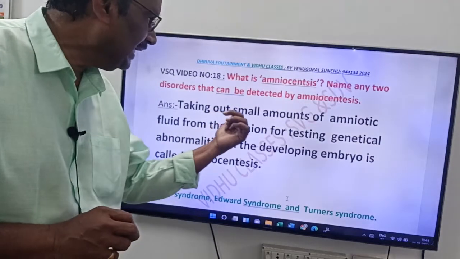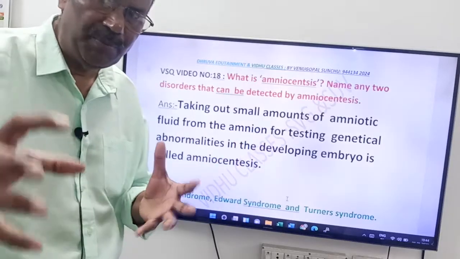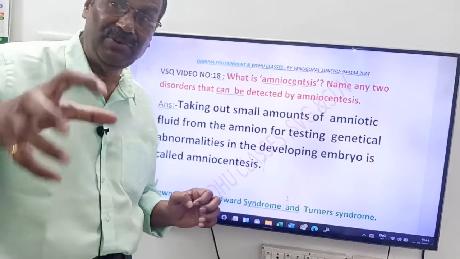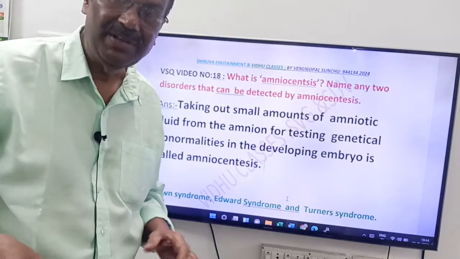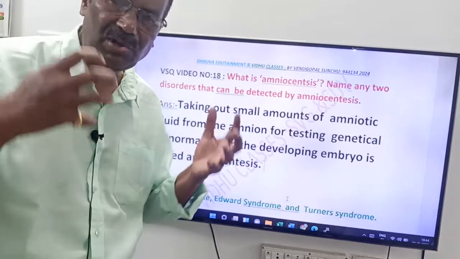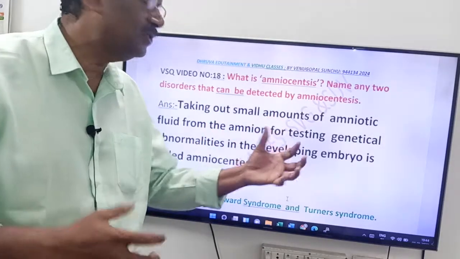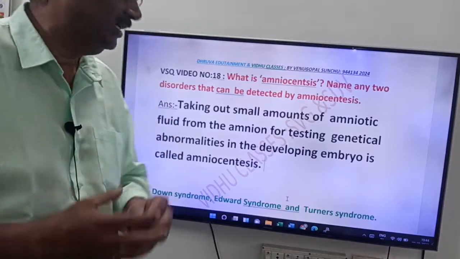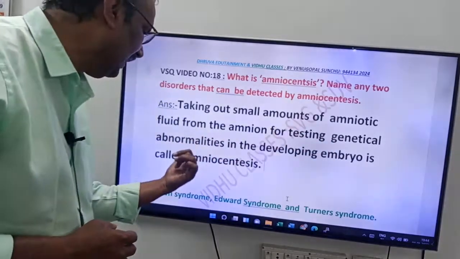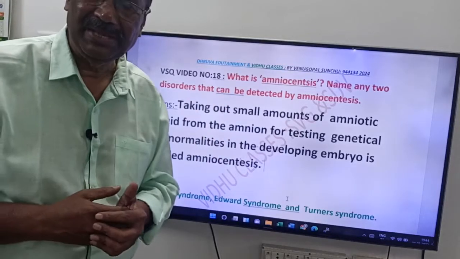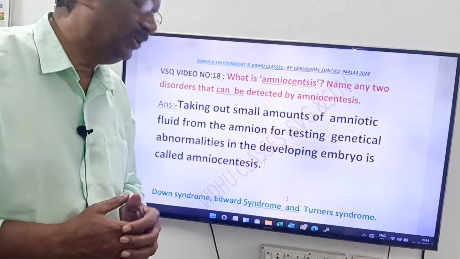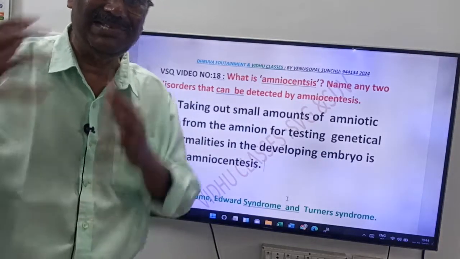We are taking small amounts of amniotic fluid from the amnion for testing genetical abnormalities, genetical disorders in the developing embryo, and that is called amniocentesis.